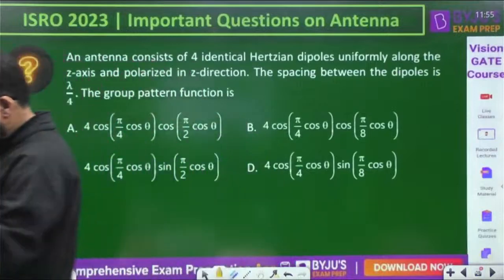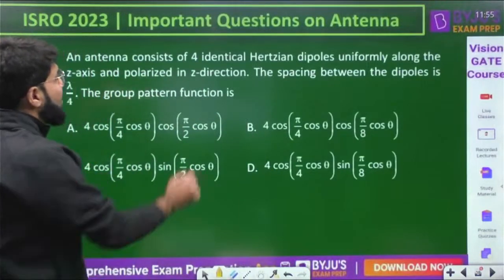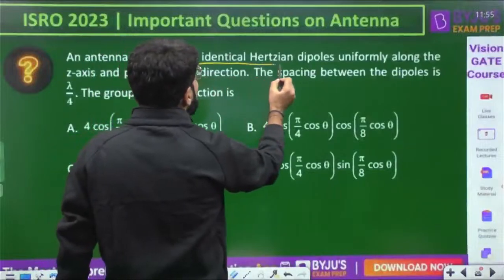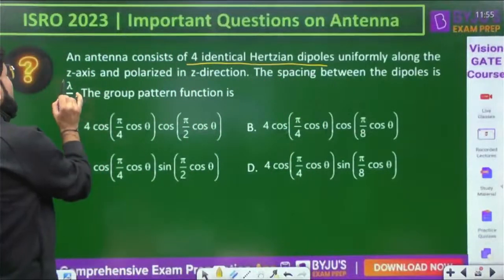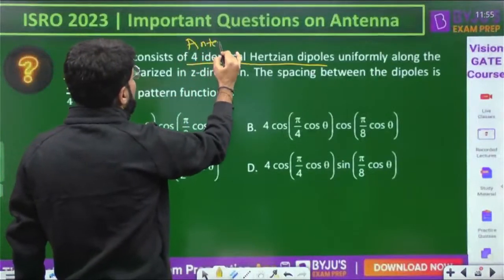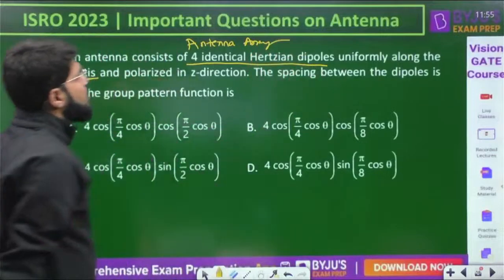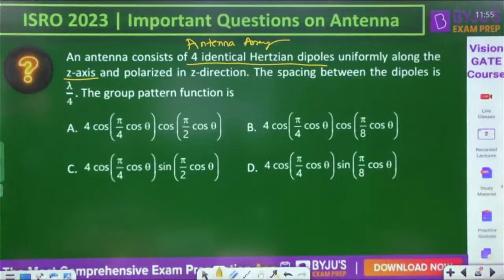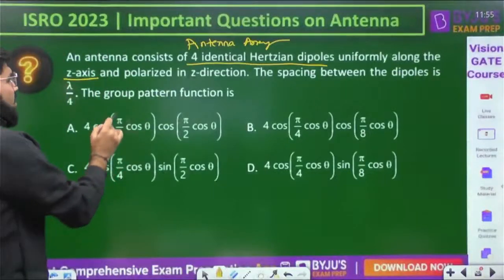This is on an antenna array, a combination of antennas. D is given. What is the group pattern function?